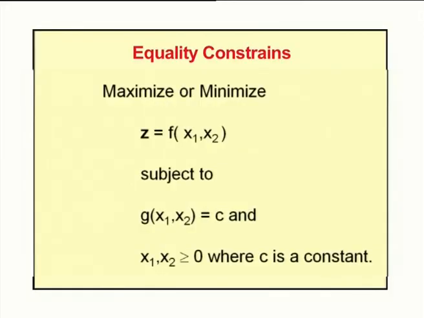For that, let us consider the simplest form of an NLPP, which means an NLPP consisting of 2 variables x1, x2 and an equality constraint.